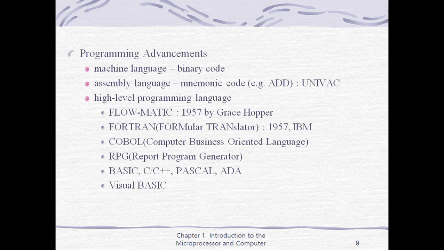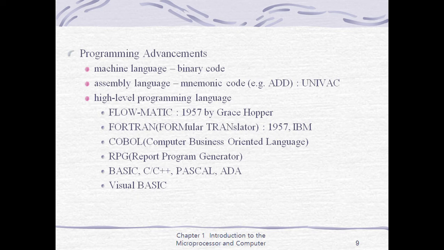So then high-level programming languages were introduced. For example, in 1957, Grace Hopper introduced Flowmatic. Then later on, IBM in 1957 introduced Fortran, which was a formula translator. Language COBOL, computer business-oriented language, RPG, report programming generator, and then BASIC, C++, Pascal, Ada, Visual Basic, and we have a number of languages.